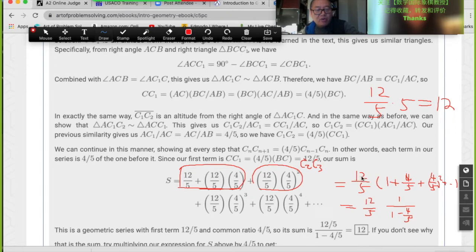Then you take 12 over 5 out. The rest is a geometric sequence where the ratio equals 4 over 5. Then that sum equals the first term divided by 1 minus the common ratio. So this one simplifies, we got a 5. 5 times 12 over 5, then you get the answer, that equals 12.